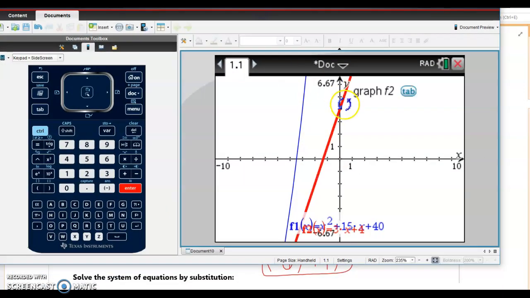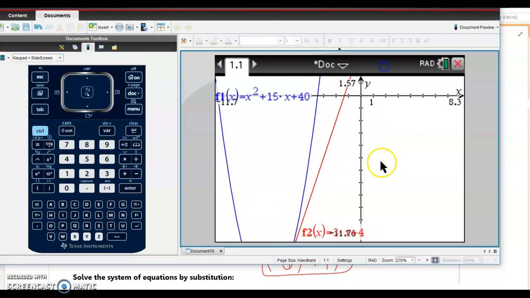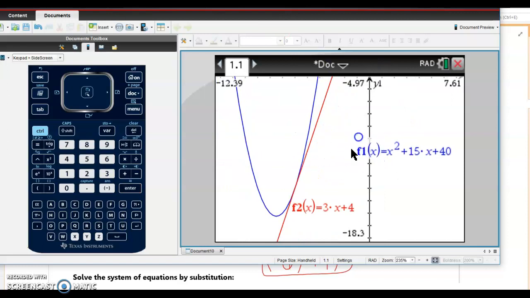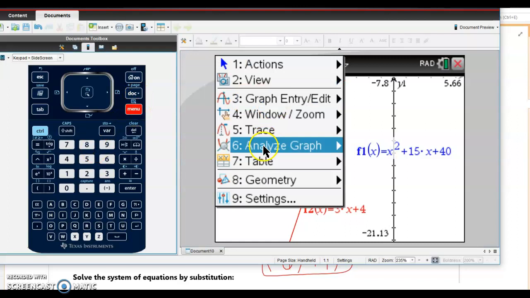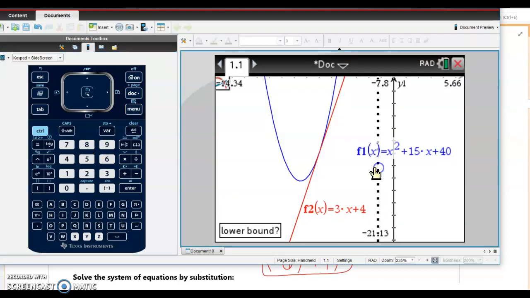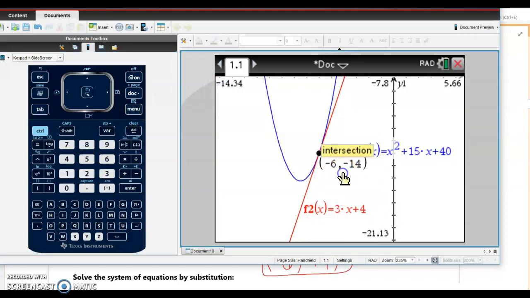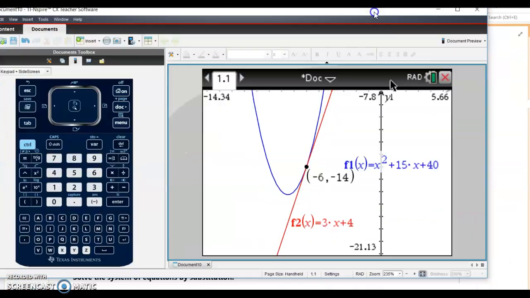Alright, so you can kind of see, right, let's see if we can figure out. Okay, so here's where we see where the intersection would be. So we go to menu, analyze graph, intersection, here's our lower bound, here's our upper bound, negative 6, negative 14. That matches what we got.